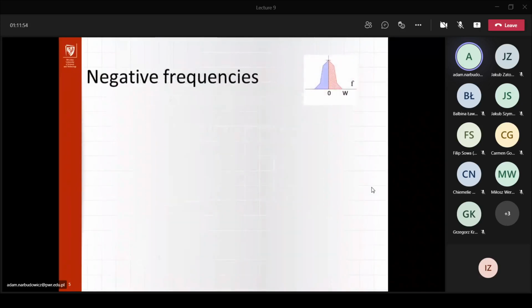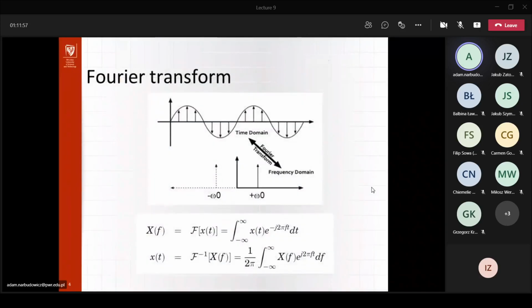Okay, and so basically, when we have the sine function, it will be seen as a single frequency and a single peak, seemingly.